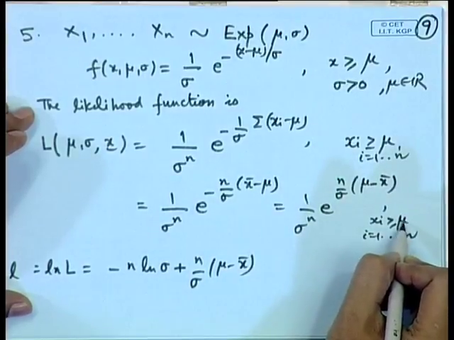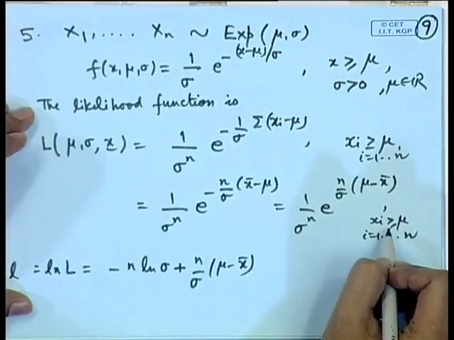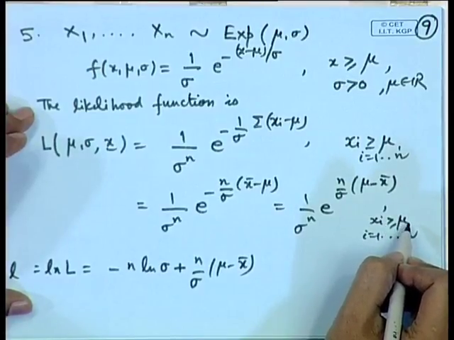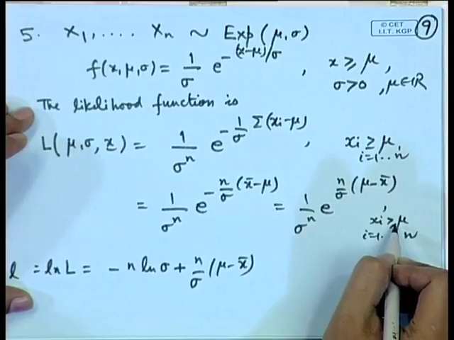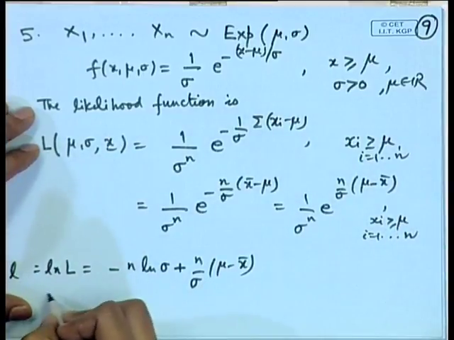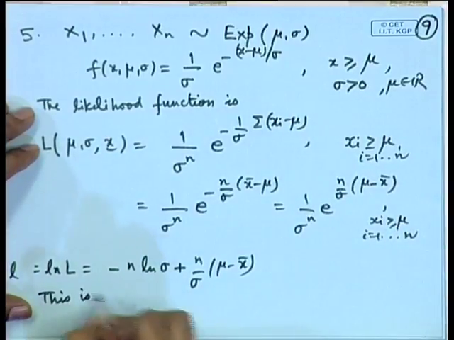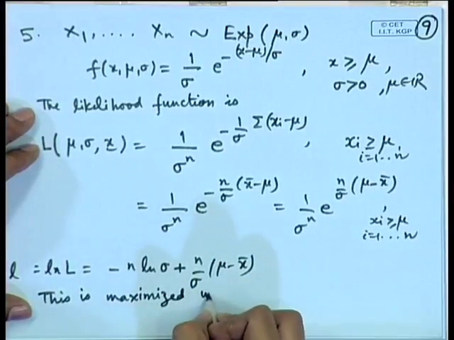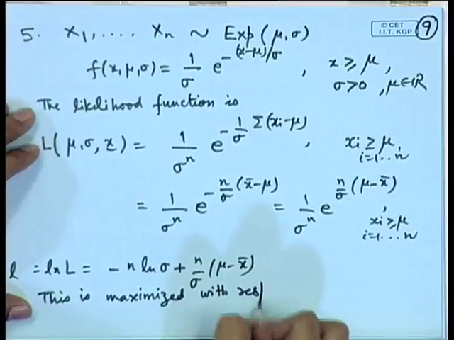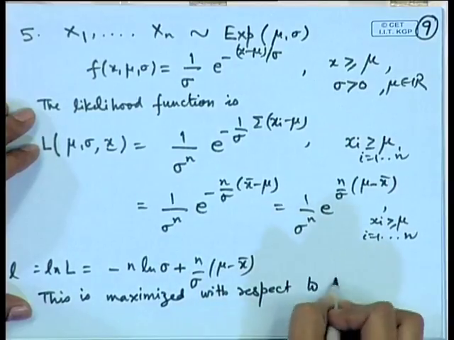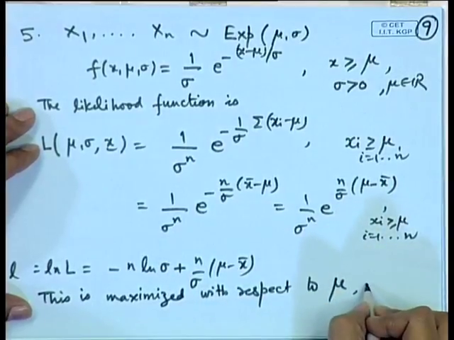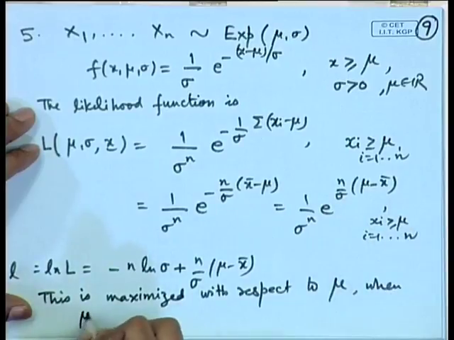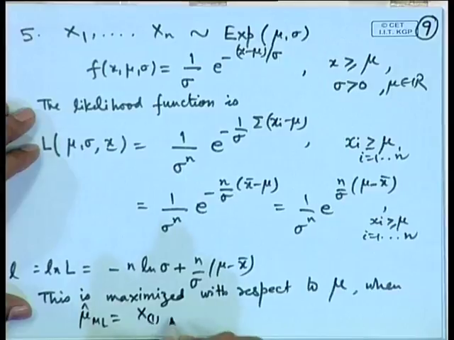So, the maximum value will be attained when mu attains its maximum value. Since mu is always less than or equal to x i's, the maximization will occur when mu is the minimum of the x i's. So, this is maximized with respect to mu when mu hat ML is equal to x 1, that is the minimum of the observations.